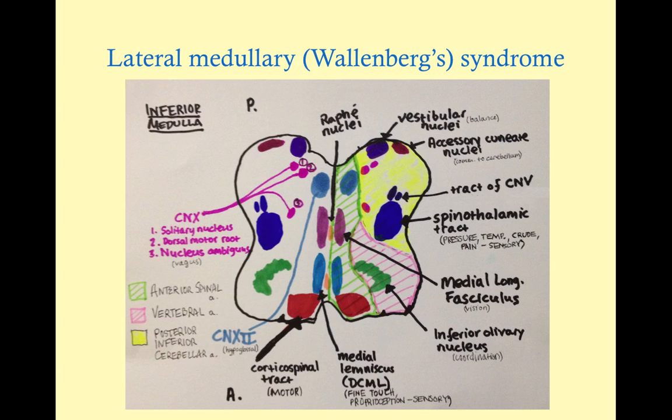Now, let's get into this yellow region, because this yellow region is the region that is affected when you have Wallenberg syndrome, because it is fed by the posterior inferior cerebellar artery. First, we have our spinothalamic tract. The spinothalamic tract is sensation, and these are the second order neurons. But remember, the spinothalamic tract is the only tract that crosses right away.